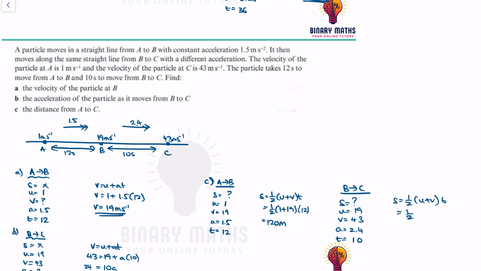So it's going to be half of 19 plus 43 times 10, which is equal to 310 meters. So total distance is equal to 120 from A to B plus 310 from B to C, which is equal to 430 meters.